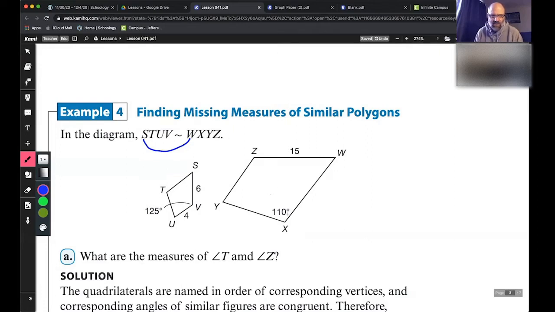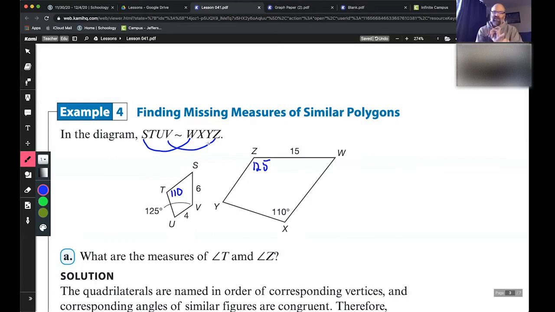So if this is 110 and this is 125, this means this is 125 over here, and this is 110 right here. So you're going from W in the direction of 125. W goes with S, so S has to go in the direction of V, which is 125. So V goes with Z. Okay. You have to be careful, especially with something like this, where it's hard to tell which direction they're going.